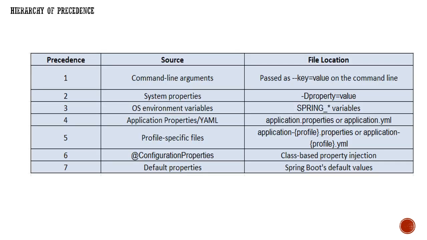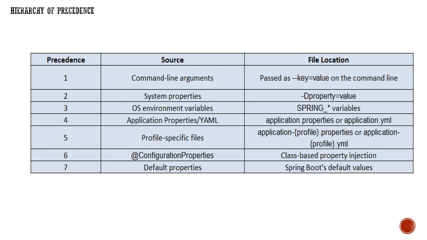Before going to the actual thing, I want you all to understand the hierarchy of precedence, why it behaves like that, how it is being loaded. How application.properties and application.yml are loaded depends on the sequence you are seeing here, right? Very first, the preference goes to the command line arguments.